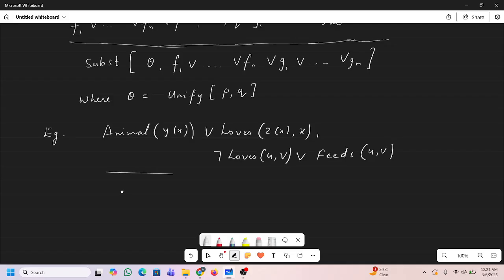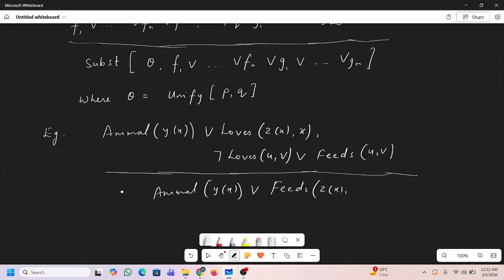So from here what you can conclude by resolution is animal y of x or feeds z of x comma x.